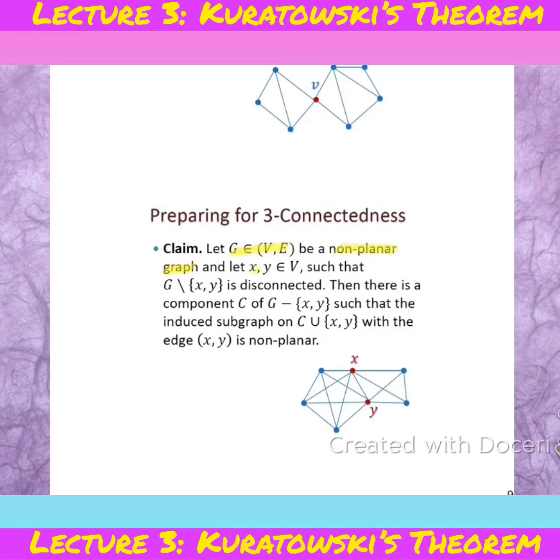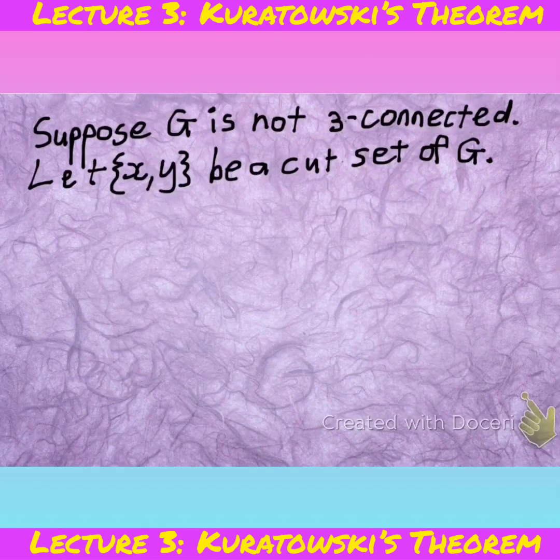Therefore we can find a cut set of cardinality 2, and if we remove these two vertices, we get a disconnected graph. Then we show that there is a component C of G minus xy such that the induced subgraph on C, together with the two removed vertices and the edge xy, is non-planar.